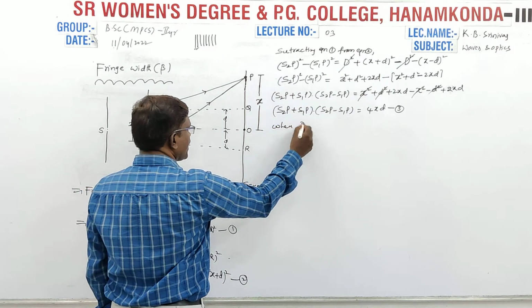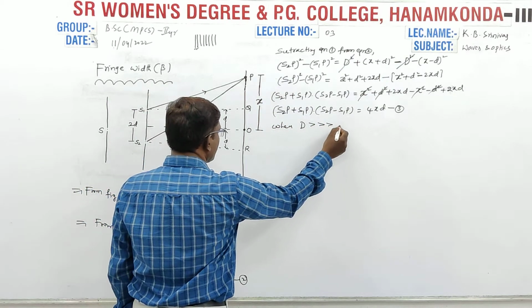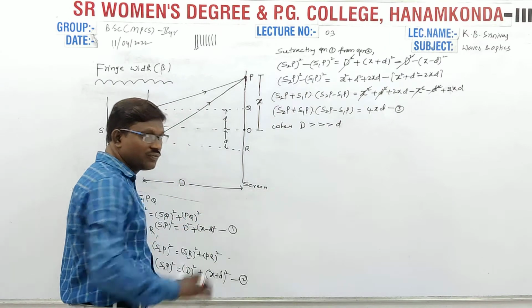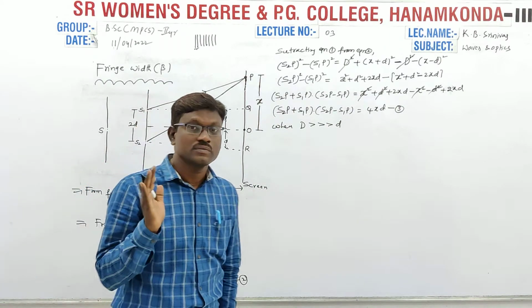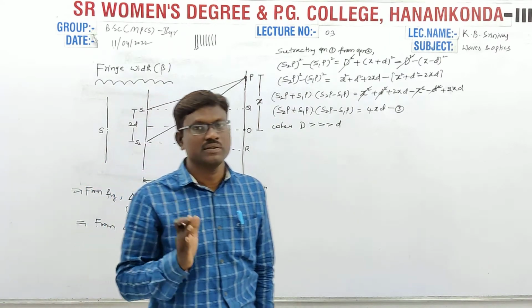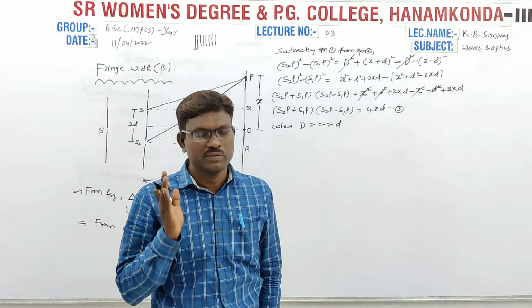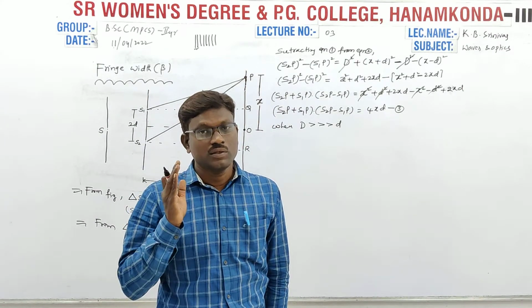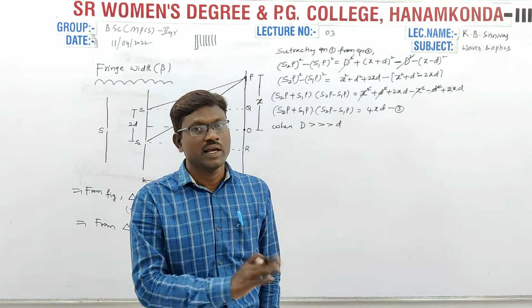When capital D is very much greater than small d, to get the final expression, remember, here I am making one important statement. Just keep this point in your mind. To get the final expression only, I am doing this.